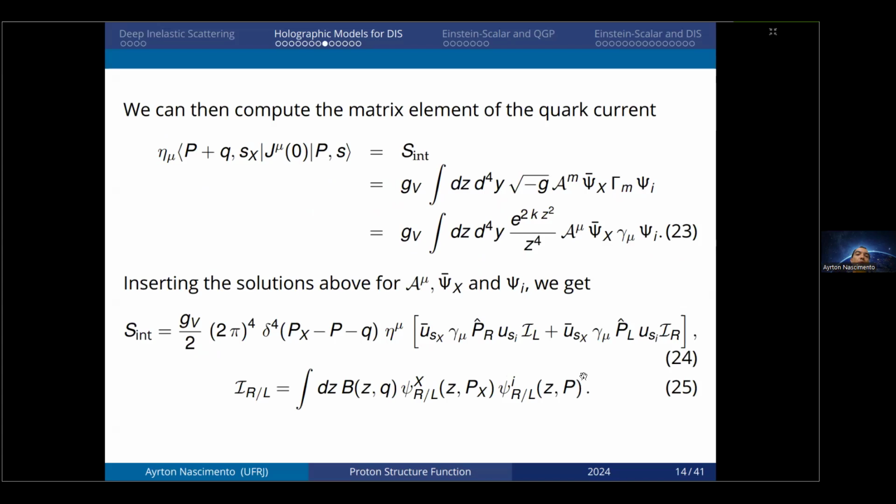So you can just go back to the Polchinski-Strassler prescription and insert these fermions and photon field in the prescription, right? And what you get is this, okay?